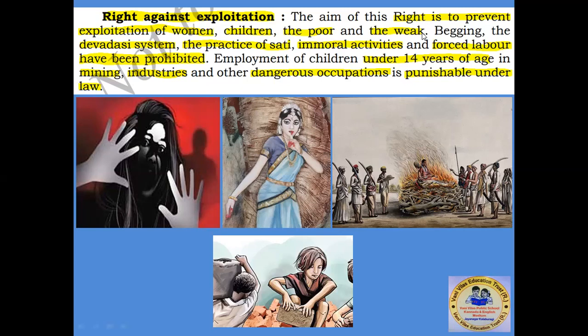In some parts of the country you may see begging, but it's not the majority. The Devadasi system, one of the evil practices which we were following, has been abolished, or removed, from our Indian society.